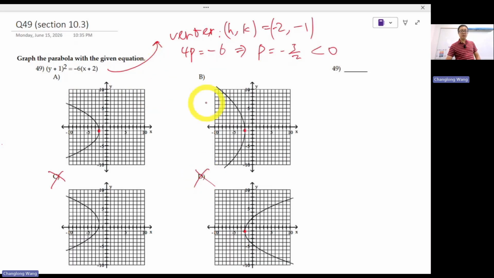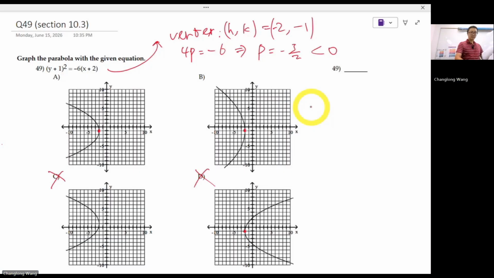When it comes to A and B, you can tell that it opens either super wide, like in B, or narrower, like in A. There are two ways you can typically look into how wide or narrow it opens. If you want to go with the book, they use something called the latus rectum. Let me make sure I have no misspelling.